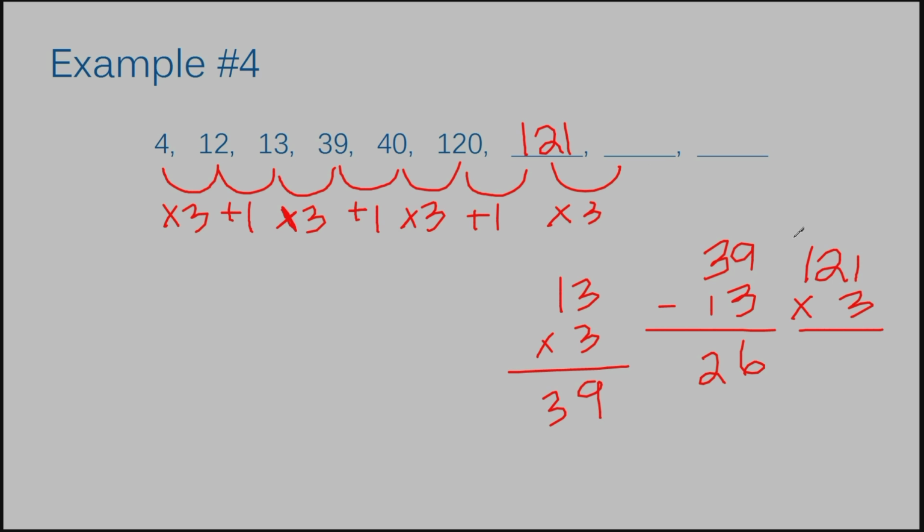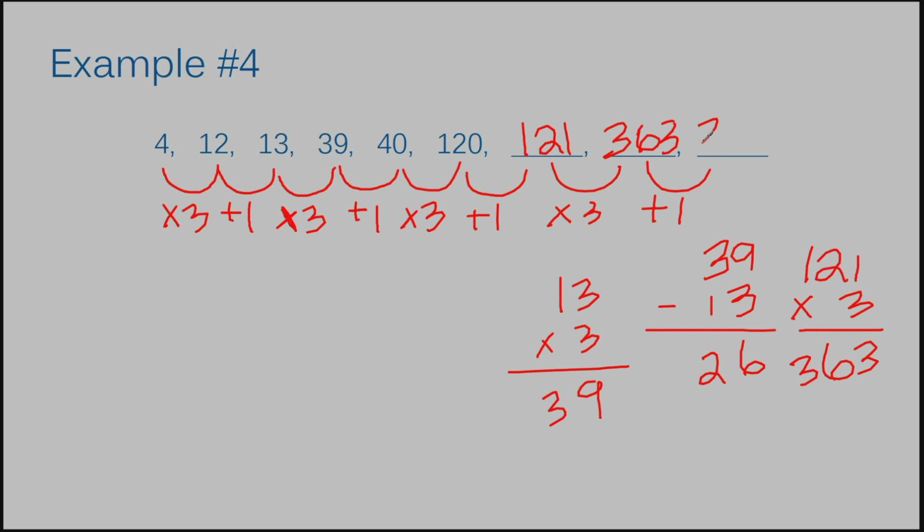You have to come out to the side of your paper and work it out. So you have 3 times 1, and that's 3. And then you have 3 times 2, and that's 6. And 3 times 1, and that's 3. So you end up with 363 for this space. Whoa, we have some really big numbers this time, don't we? Then we're going to add 1.